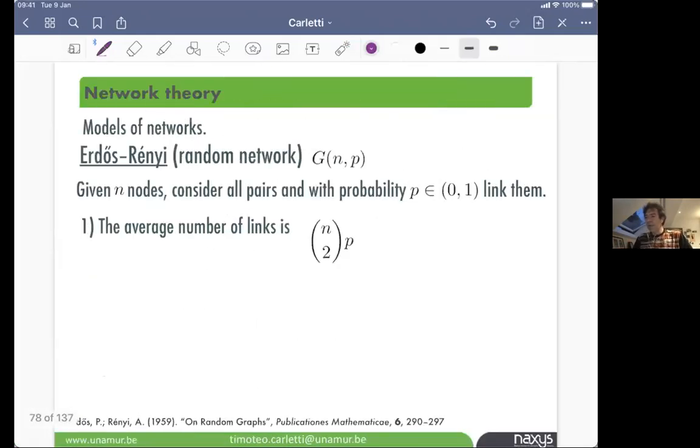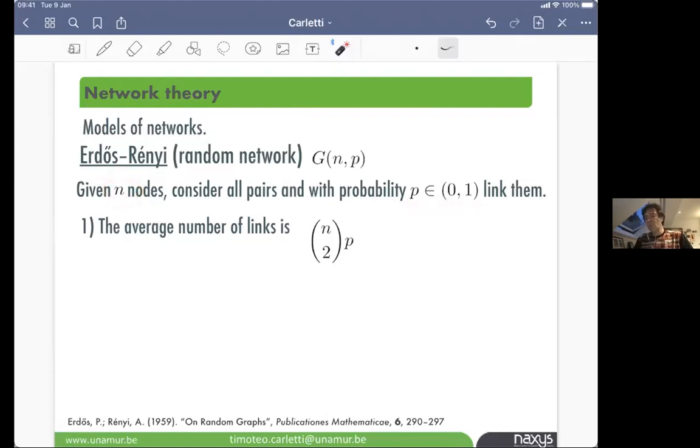Okay, so I was saying that one of the first models is this one by Erdos and Renyi, which is a random network. It's called G(n,p). So you have n nodes, and you consider all the possible pairs of links. So there are n times n minus 1 divided by 2 links, and with a given probability p, you draw a link among them.